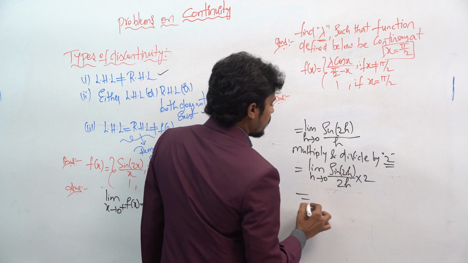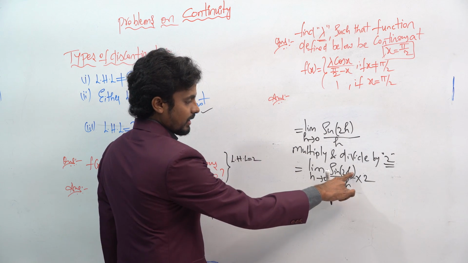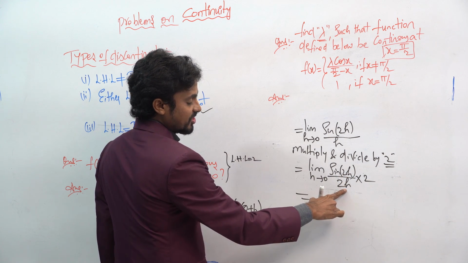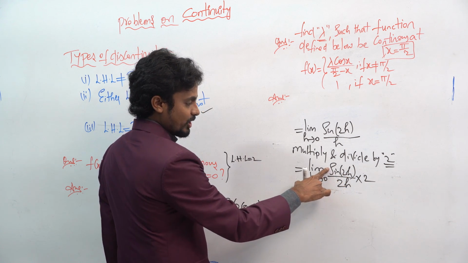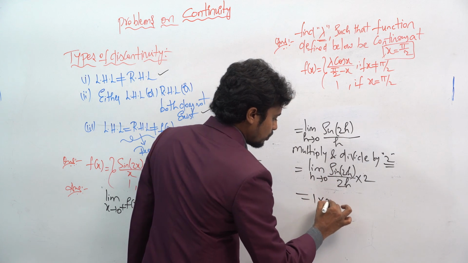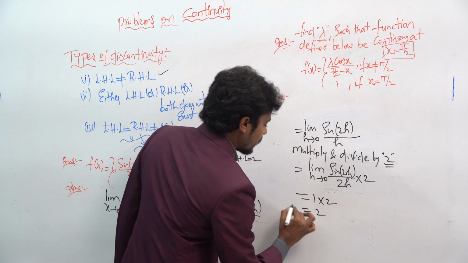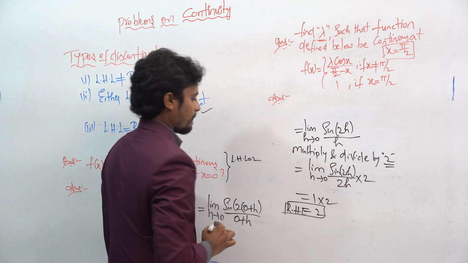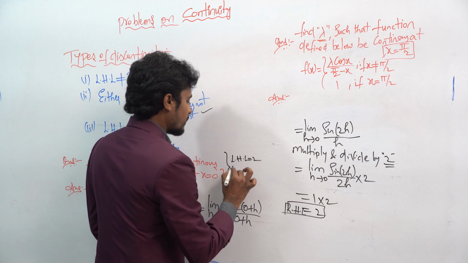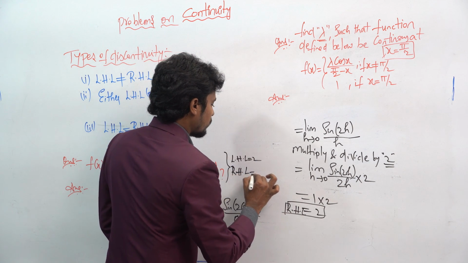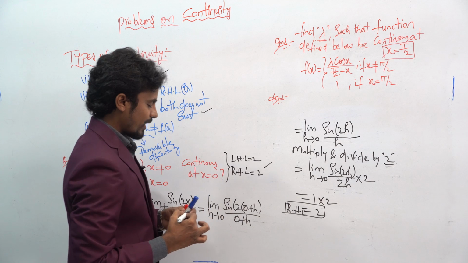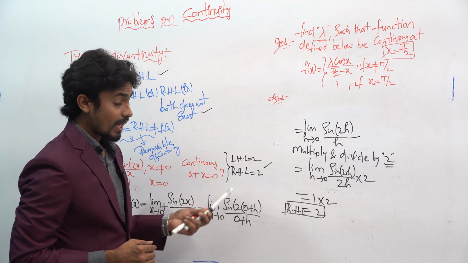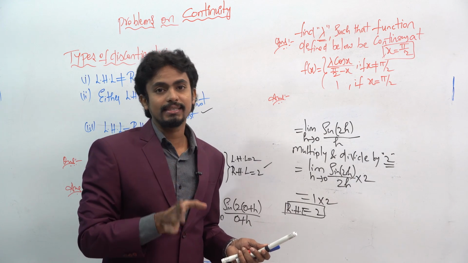Replacing h with 0, sin 0 over 0 is 1, into 2, which becomes 2. Hence the right hand limit is equal to 2. Here you can observe the right hand limit is equal to the left hand limit, hence the limit exists.